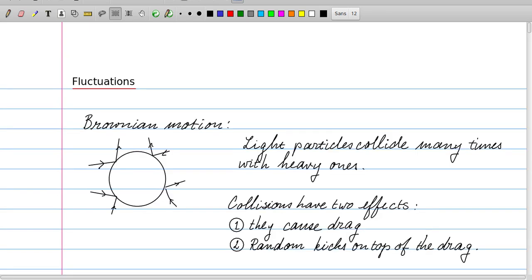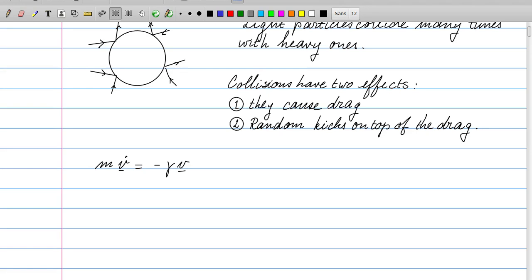We want to capture the effect of both the drag and the random kicks in an equation of motion. The drag force is easy to incorporate because we know its form. It's minus gamma times v. That's the usual form for the drag force. Then the random kicks, we represent them just by a force R, which is a vector, and it must have some random character, and that represents the random kicks.